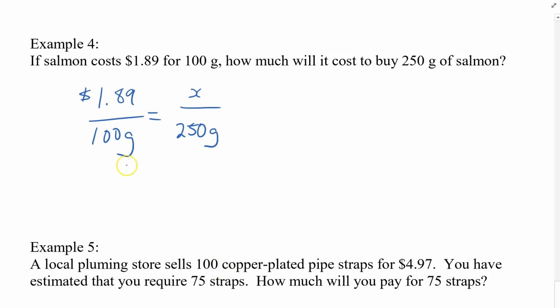I could just multiply this times 2.5, multiply this times 2.5. Or I could use my good old algebra method, which would be 189 times 250 is going to be equal to 100x. I'd have to get my calculator out for this one.